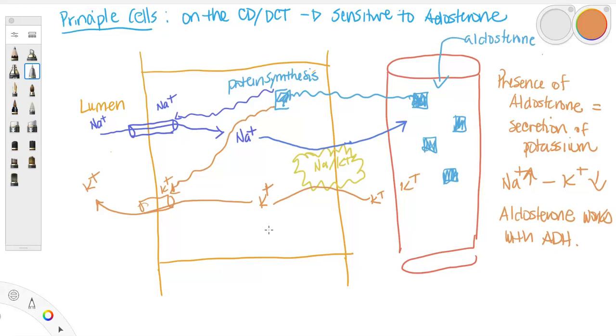And yeah, so blood pressure, the kidneys have a powerful, probably the most powerful effect on blood pressure and maintaining blood volume and all of that.